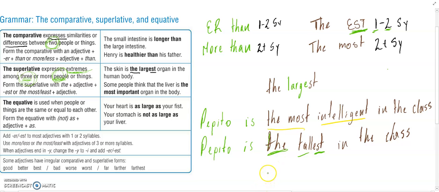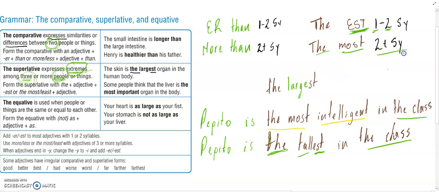Okay, so in that sense, let's recap. We have the superlative to express extremes in a group. So what is our group? The class. In these examples, we have the class as an example of a group. Then according to the number of syllables, we are going to use the plus est, and the plus most.